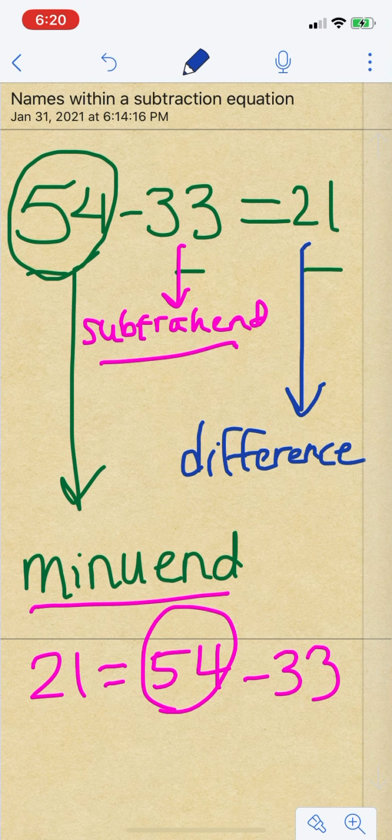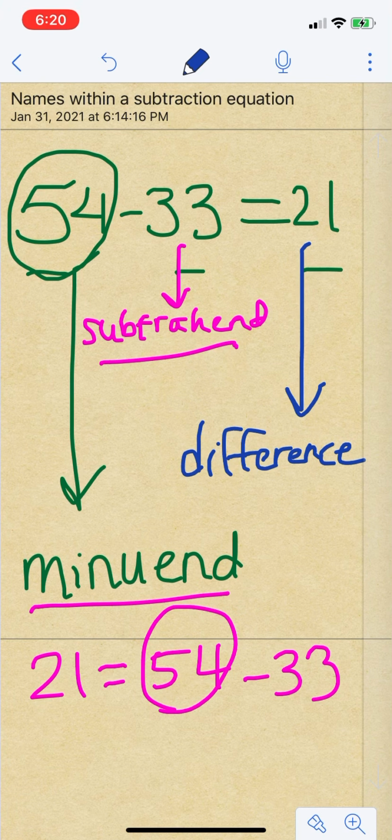This one's kind of hard to remember because when we think of the word difference, we don't really think about math. But remember, we have to categorize things in our brain so that we know that when we see different words, depending on the context or the situation, it affects its meaning.